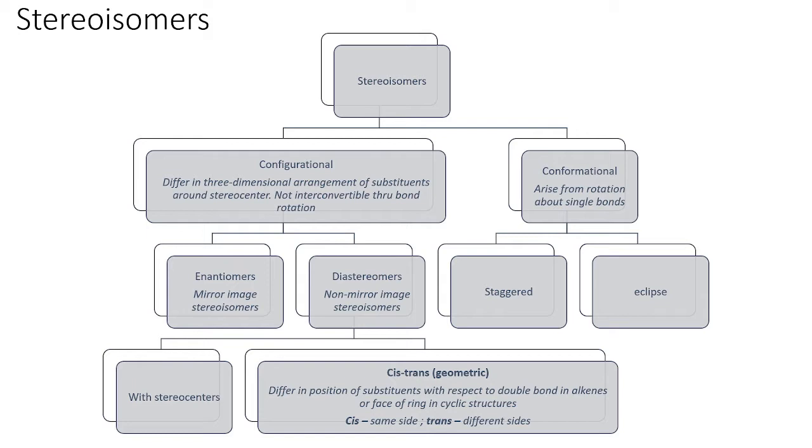So under configurational, we have enantiomers, or mirror image stereoisomers, and we have diastereomers, which are non-mirror image stereoisomers. Among the diastereomers, there are those with stereocenters and those with cis-trans or geometric configurational stereoisomers, wherein they differ in the position of substituents with respect to double bonds in alkenes or the face of the ring in cyclic structures.